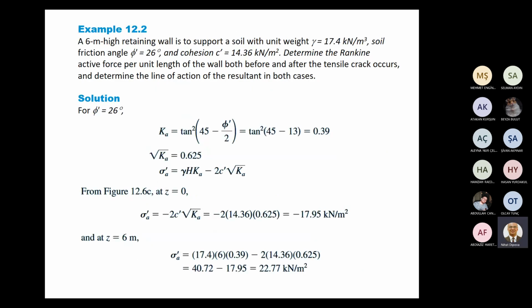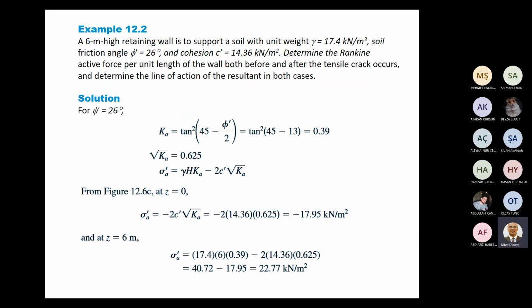A 6 meter high retaining wall is to support a soil with unit weight gamma 17.4 kilonewton per cubic meter. Soil friction angle is 26 degrees and effective cohesion is 14.36 kilopascal.